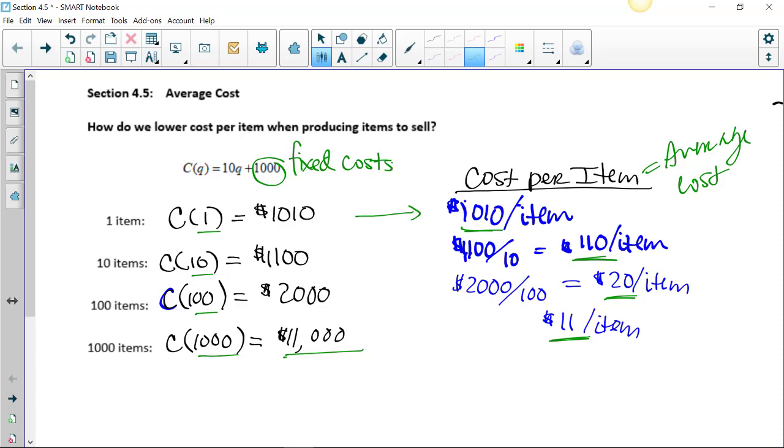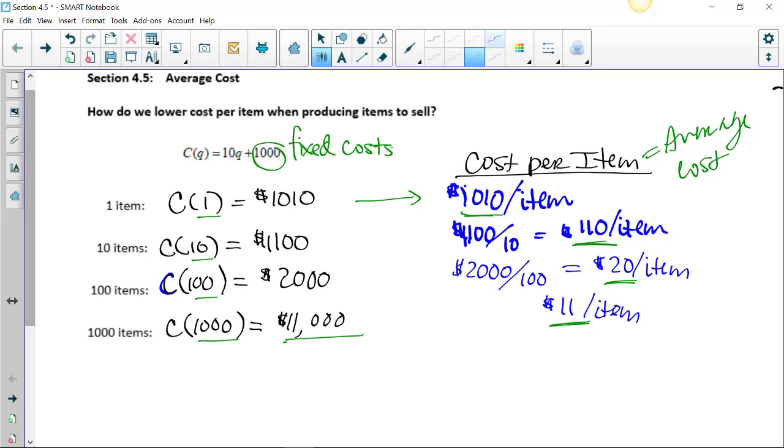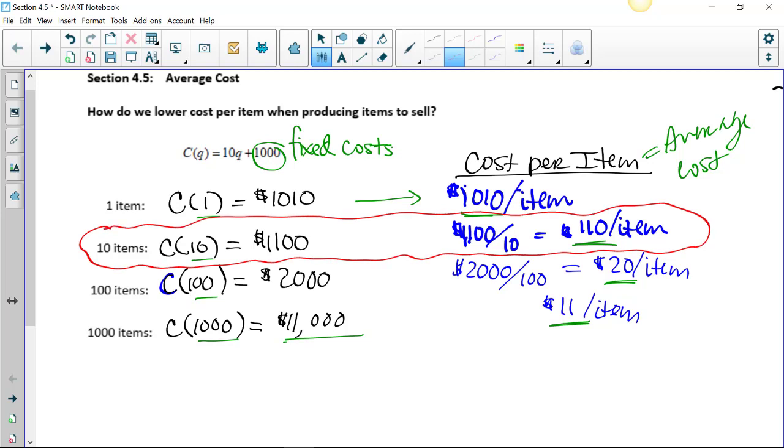Okay, now why is that? Well, let's think about our average cost at our 10 item production level for a specific example.